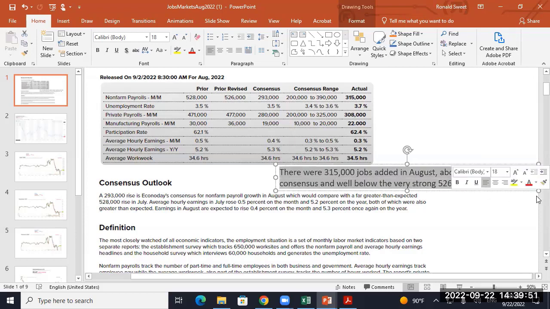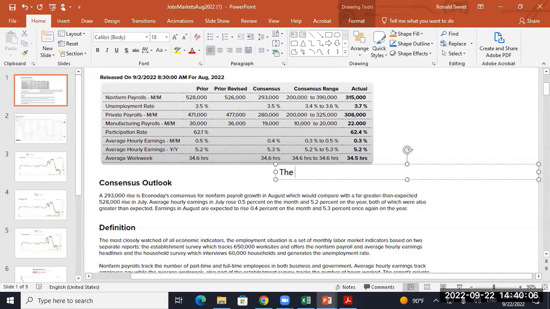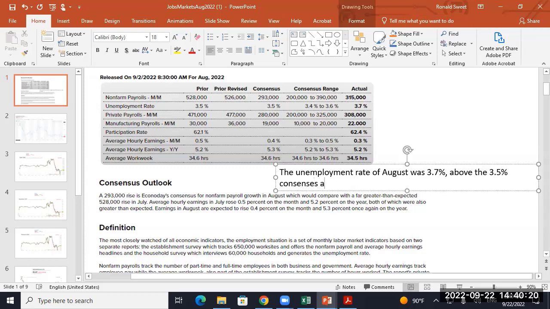Can someone give me a sentence for the 3.7? Any takers on that? If not, the unemployment rate for August was 3.7%, above the 3.5% consensus and the prior month.